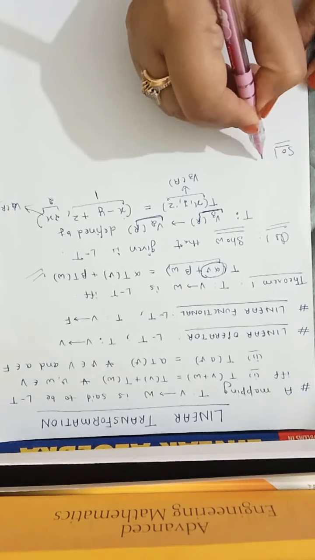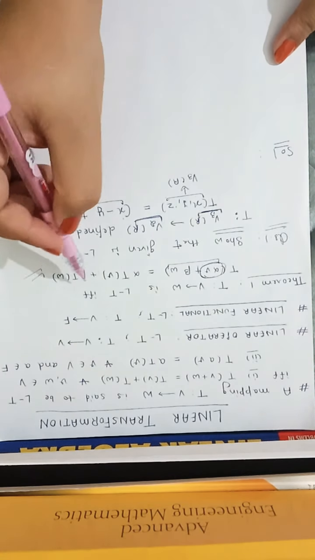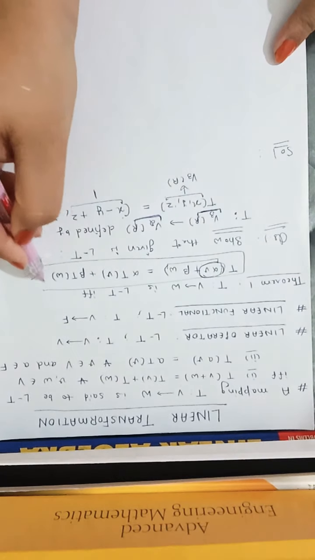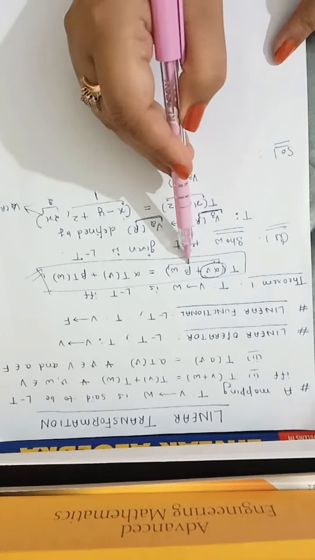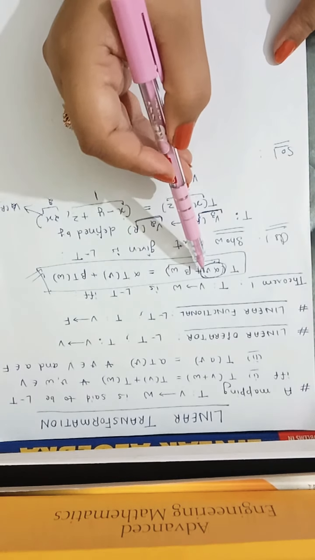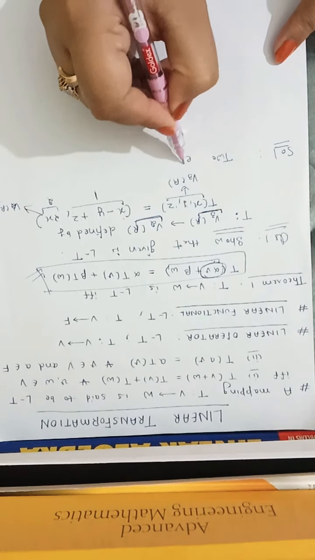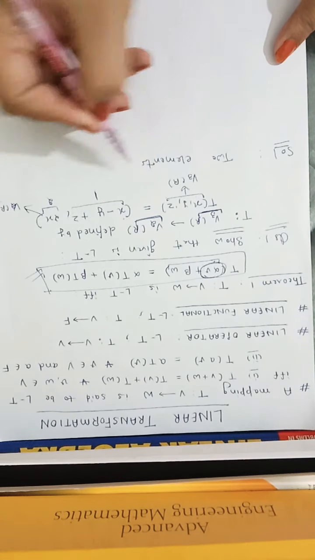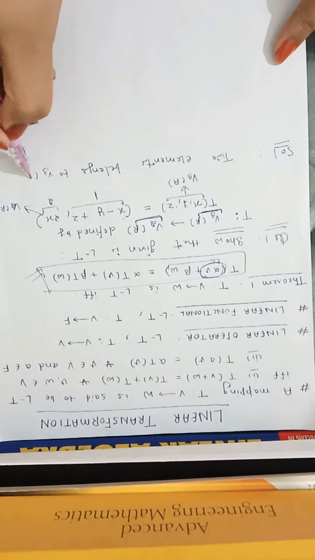Solution. First of all, to show linear transformation, we have to satisfy this property, that is T of alpha u plus beta v. That means first of all we have to take any two elements u and v belonging to V3(R).